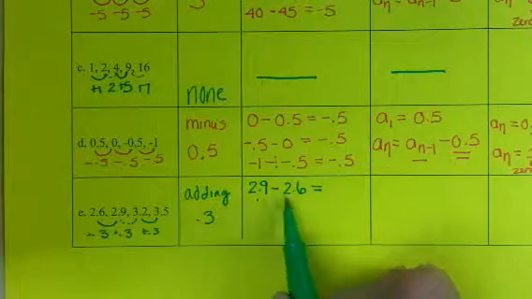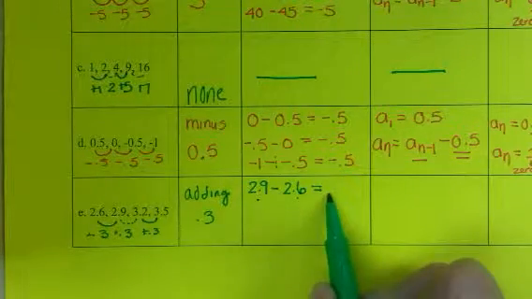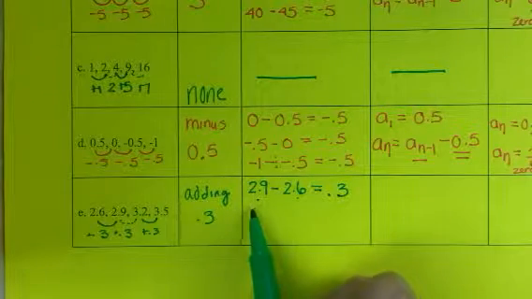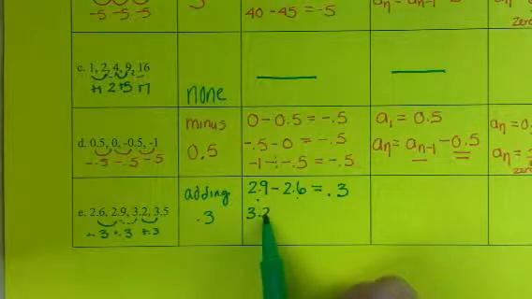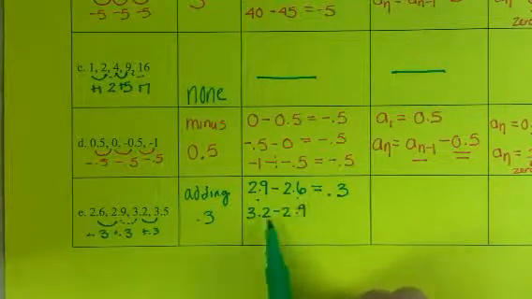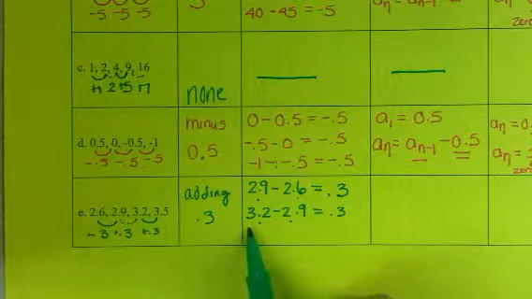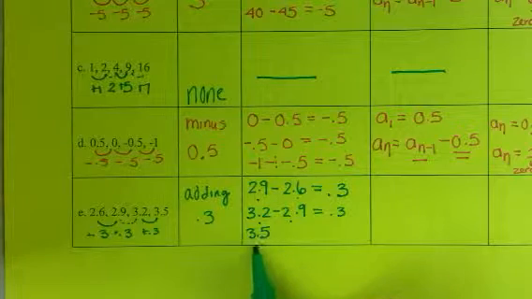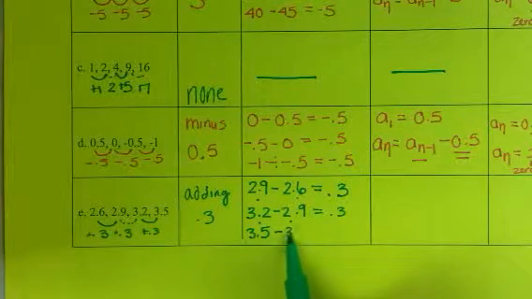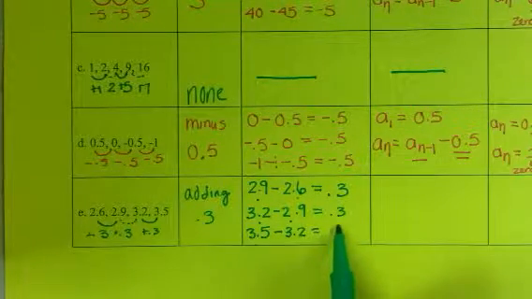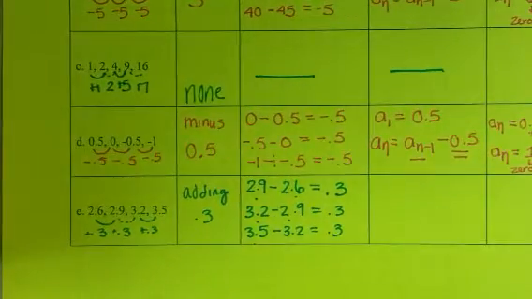So that's your second term minus your first term, and you would get 0.3. To check the next one, you would have 3.2 minus 2.9, so your third term minus your second term, which is 0.3. Then lastly, you would have your fourth term, which is 3.5, minus your previous term, which is 3.2, and you would be left with 0.3.